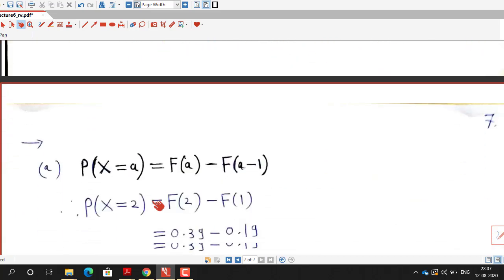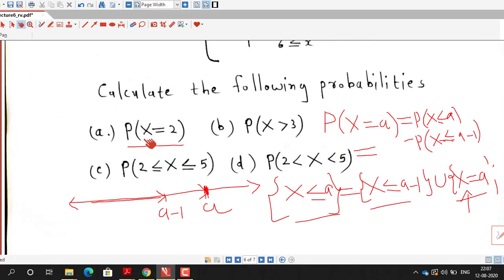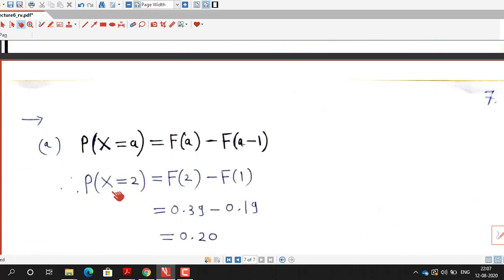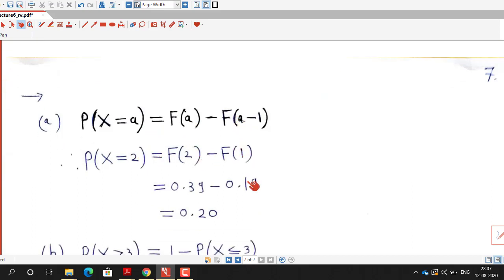You can always write them using this logic. So the probability that capital X equal to small a is nothing but the value of the CDF at a minus the value of the CDF at a minus 1, and we are asked to find the probability that capital X equal to 2. So the probability that capital X equal to 2 is F of 2 minus F of 2 minus 1, that is F of 1.